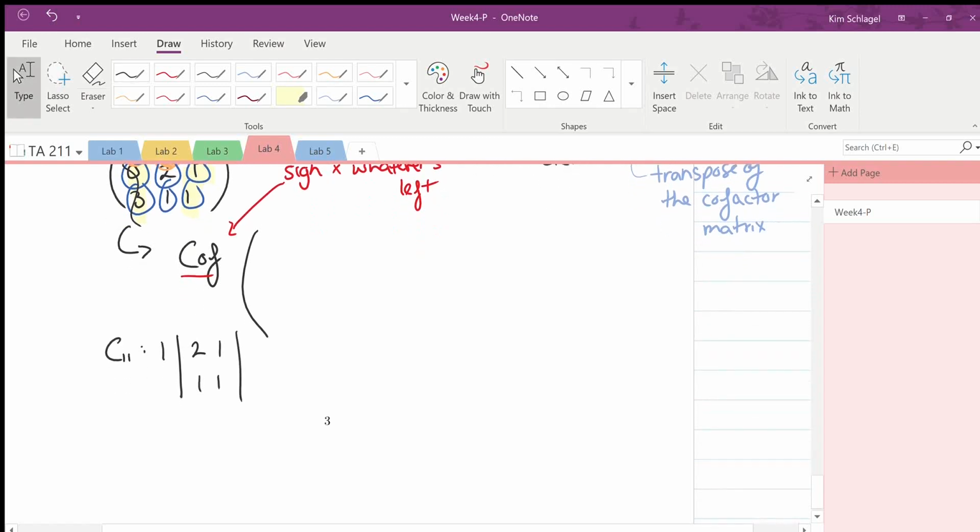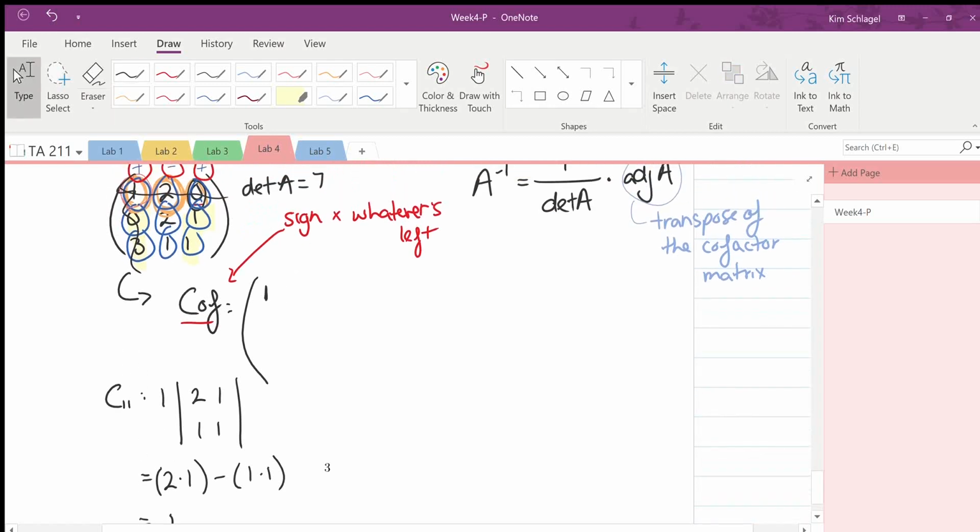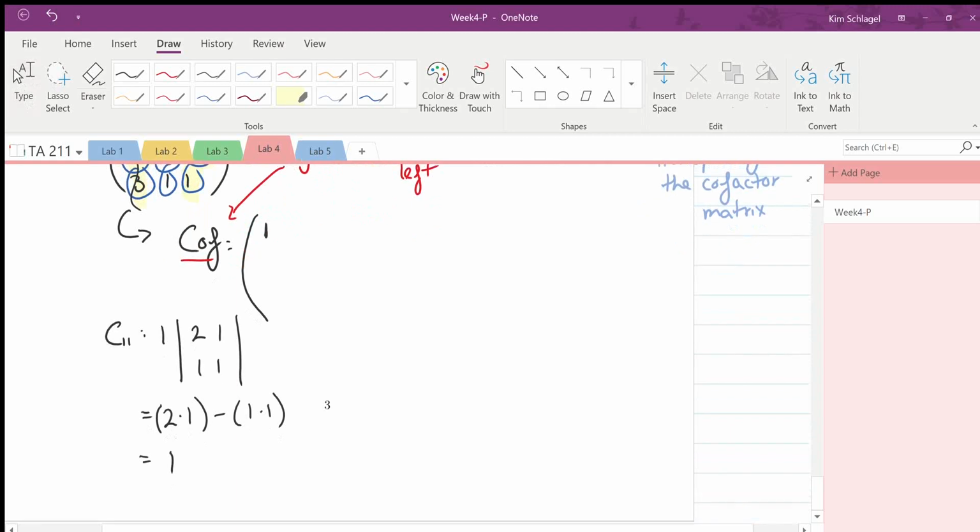When we compute that out, we have 2 times 1 minus 1 times 1, the AD minus BC, so 2 minus 1 is just 1. So our corresponding entry in the cofactor matrix is just 1.